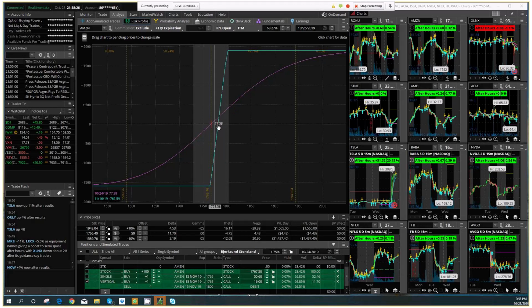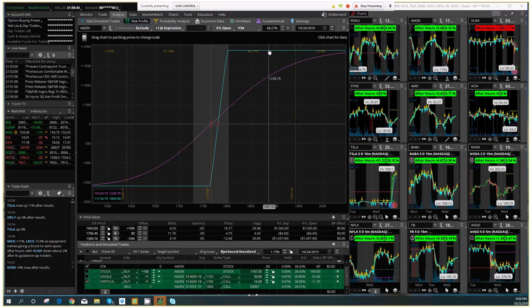Now, if you'll notice, if the price increases, you're making money. Let's look at the expiration line. You're making money, but your gain is capped off here at this line, which if you look over here on the left is at $1,900.